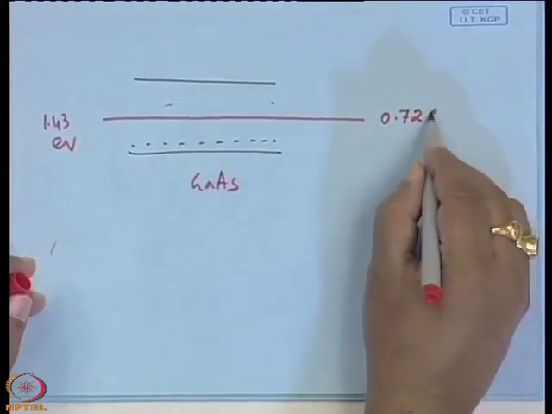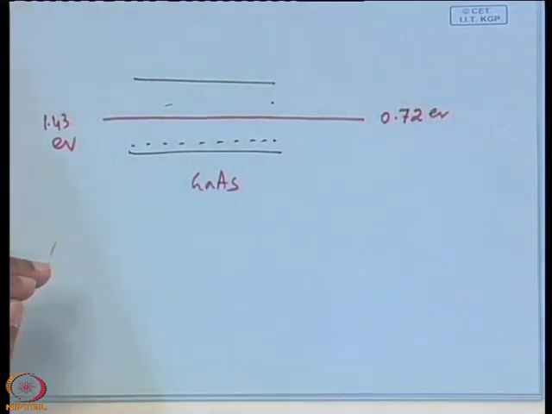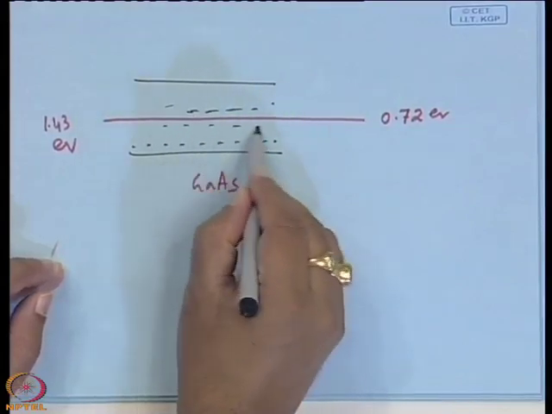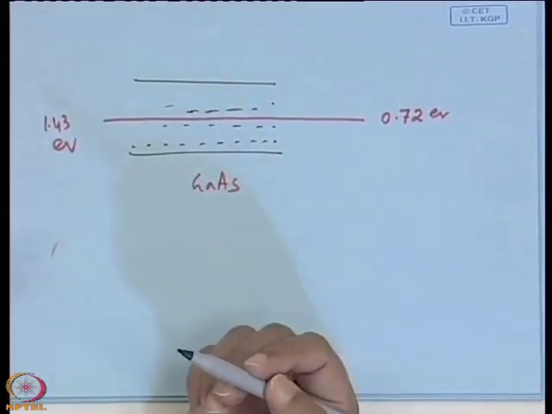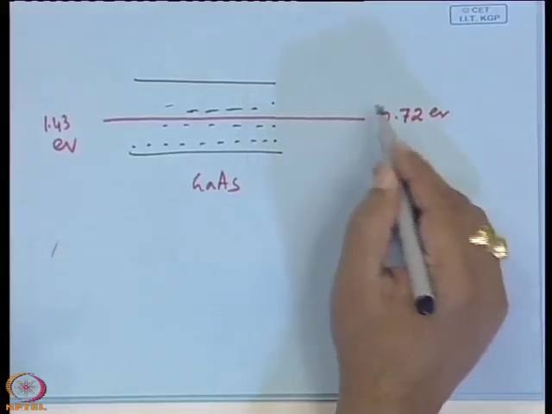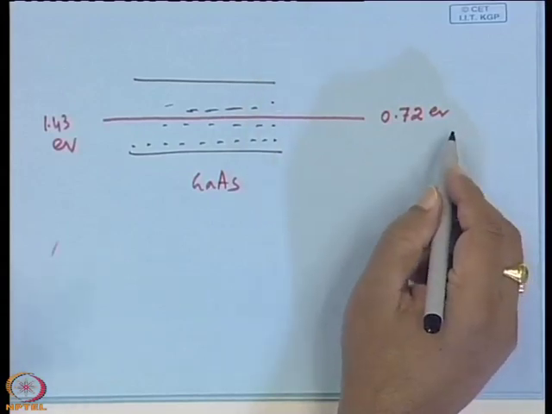That is the position of the mid gap, near 0.7 electron volt. It is either here or there. If it is acceptor type, then it is below the mid gap. If it is donor type, it is above the mid gap, but its value will be very near to the mid gap energy, which for gallium arsenide is 0.72 electron volt.